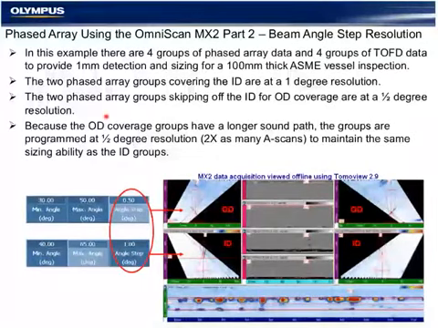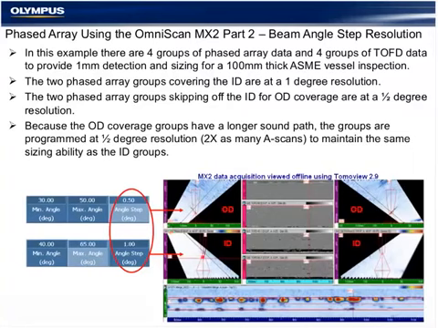To give you an example of an application of why we would use a different angle step, we're looking at a 100-millimeter weld here and 4 sector scan groups that are inspecting it. The bottom sector scan groups are traveling on the first leg to the weld, a short distance. So they're using a 1-degree step resolution.